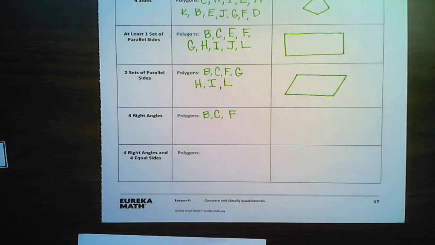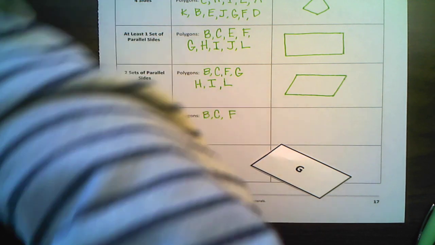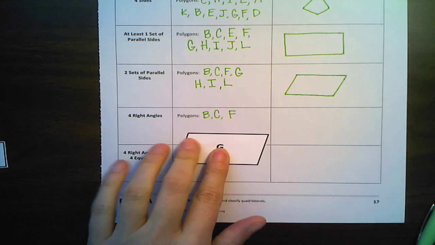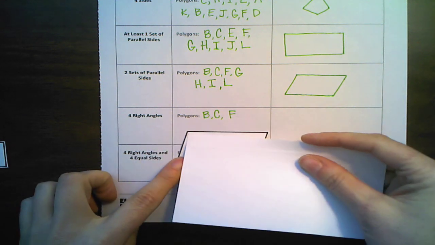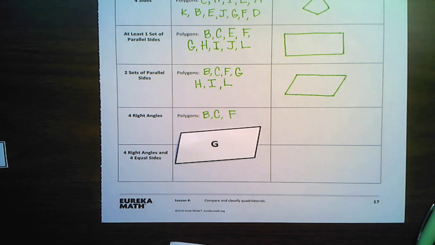How about G? My computer went to sleep here. Wake up. Okay. How about G? If I put this in here, that does not fit perfectly, does it? Nope. And if it doesn't have one right angle, it's certainly not going to have four right angles.